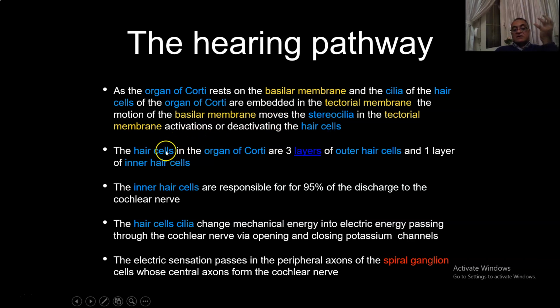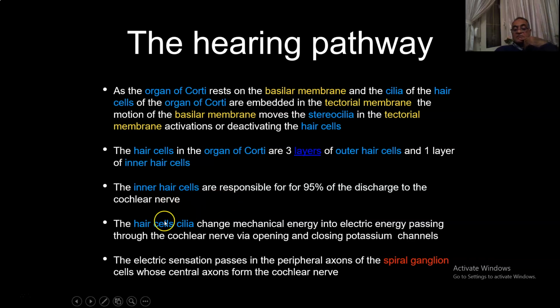Hair cells are the cells for hearing, which are present in the organ of Corti, and they are of 3 layers of outer hair cells and 1 layer of inner hair cells. As we said, the inner hair cells are responsible for 95% of the discharge to the cochlear nerve, and the outer hair cells are responsible for 5%.